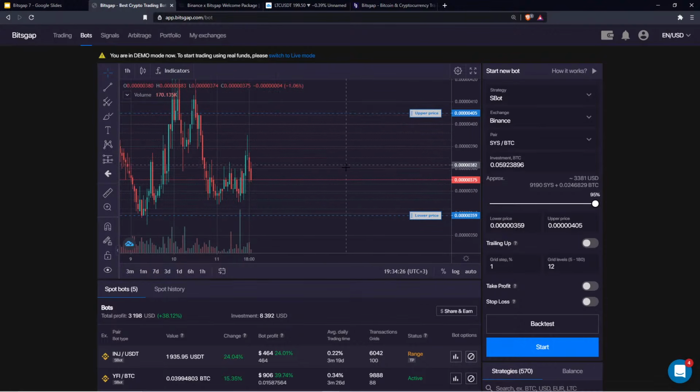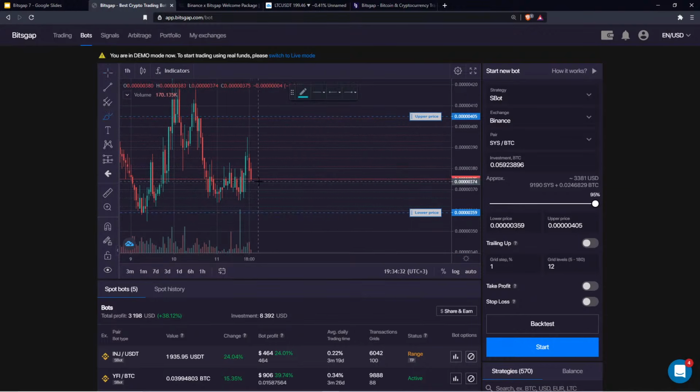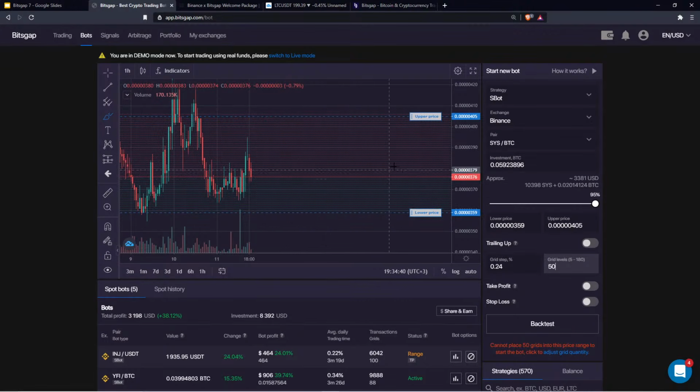But notice that now your grid levels are located quite far from each other, and that means that the price must swing crazy enough to capture all of these grid levels. Because when you have more grid levels, you see now, this is what we call high frequency trading, because your orders are so tightly located to each other that even minor price swings will be activated here, okay? So that's the point.